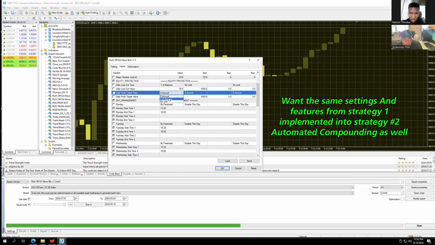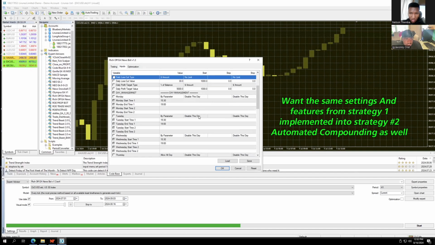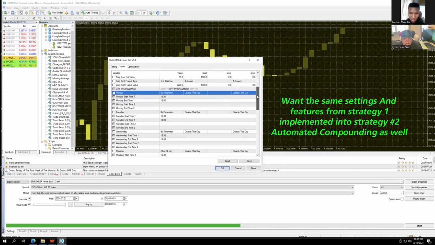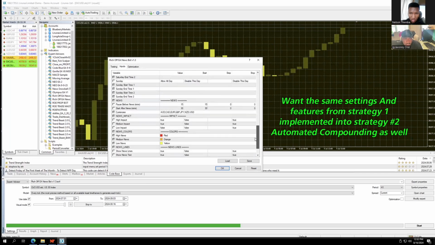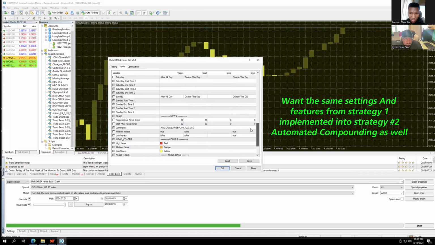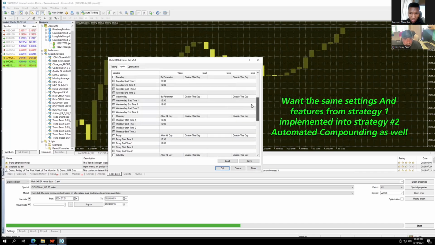I have amount and percentage here, so people can toggle through that. And then I have the day management, which is only New York and stock market open, by parameter for every single day. That's pretty much it for the things that this bot needs.